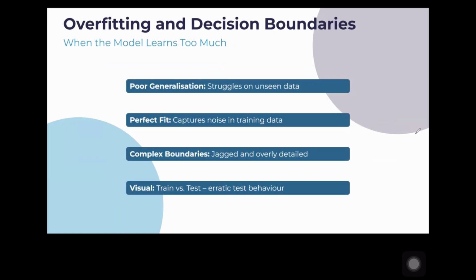When the model actually learns too much, overfitting happens. With large data, a large number of observations, model complexity increases. The model learns a lot and gets best in class accuracies.